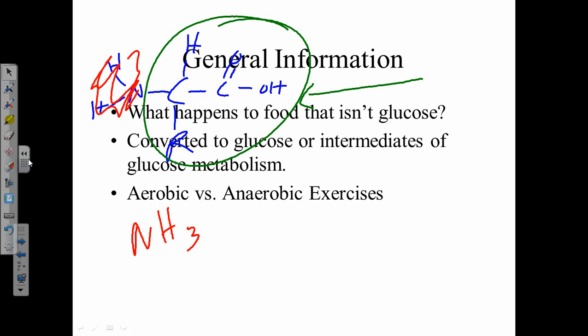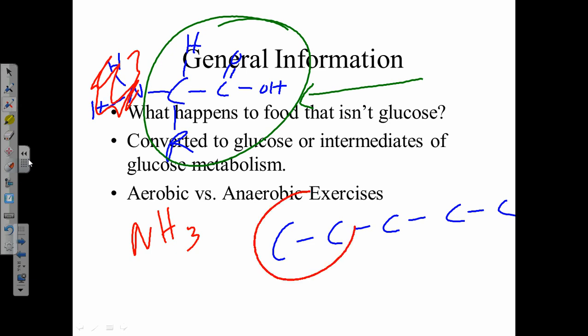Fats essentially look like this. I'm not showing it, but what else is attached to each one of these carbons? A bunch of hydrogens. So when you get ready to digest the fat, you're going to break it up into groups of two. And then those groups of two are just going to run straight through what? Krebs cycle. Skip glycolysis.